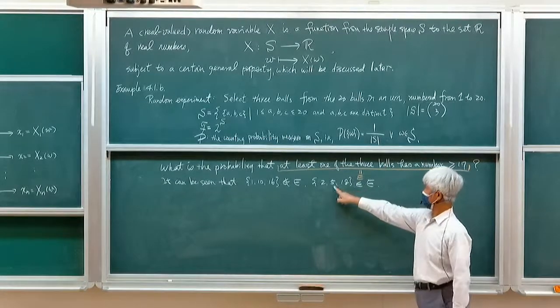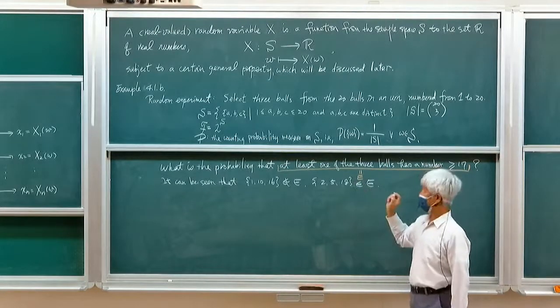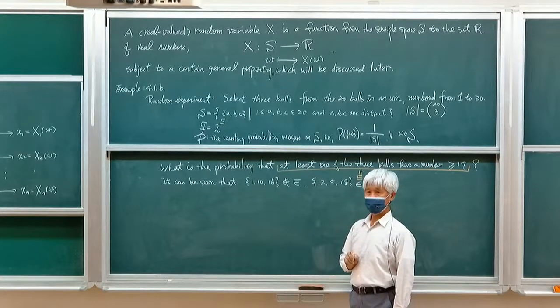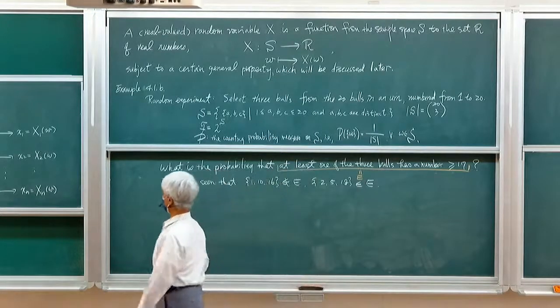So this outcome is in E, but the other outcome is not in E.